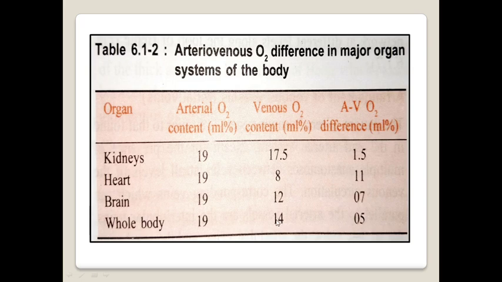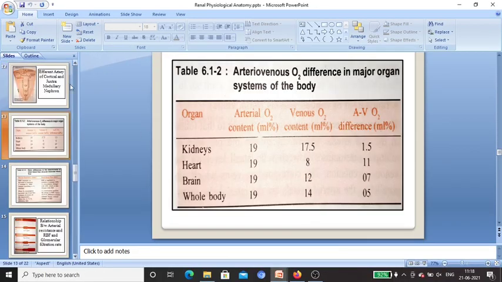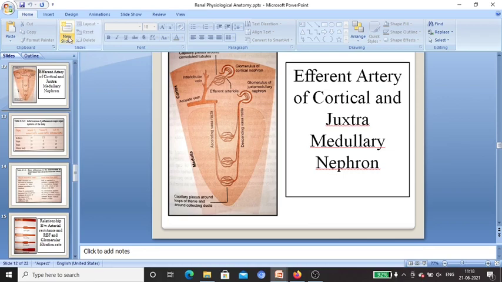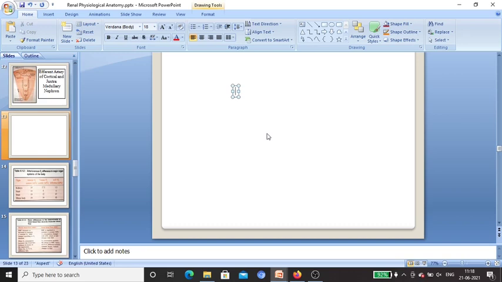Skeletal muscle receives only 4 ml per 100 gram per minute. So if we compare the blood supply to the kidney, the kidney receives around 1200 ml of blood per minute.